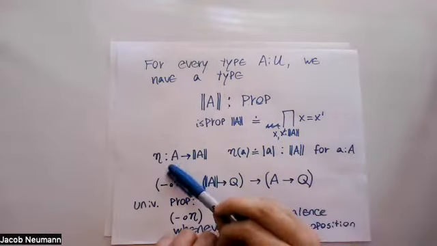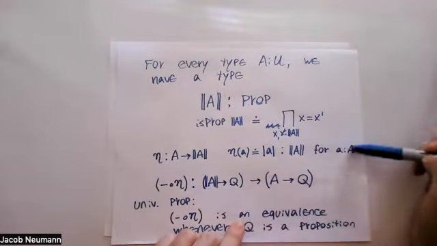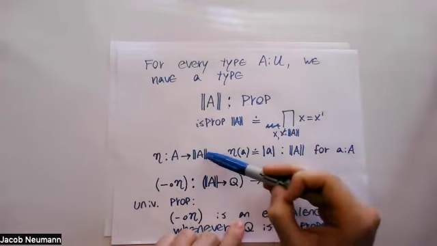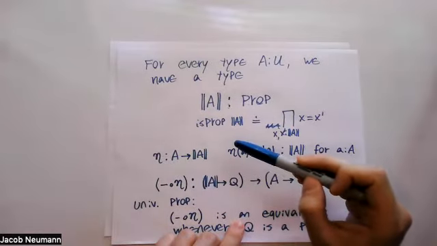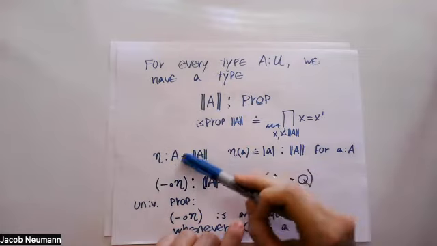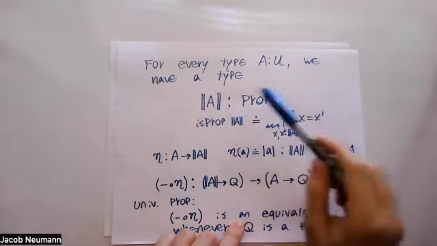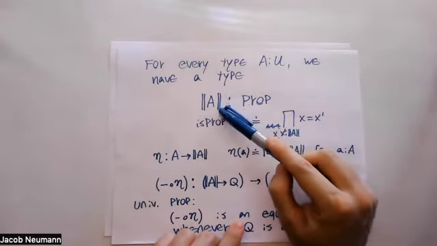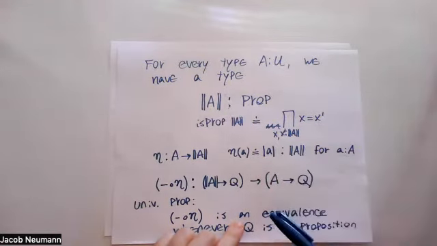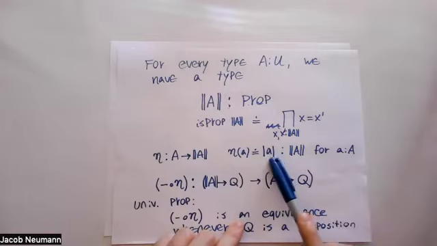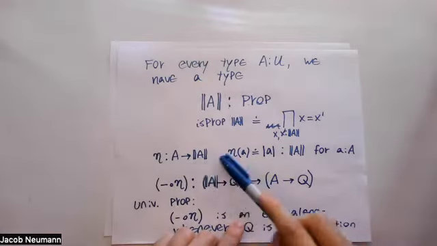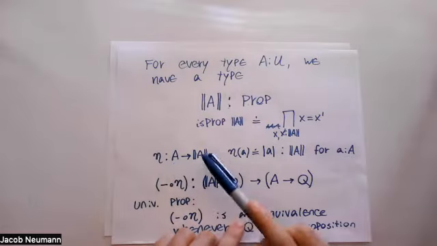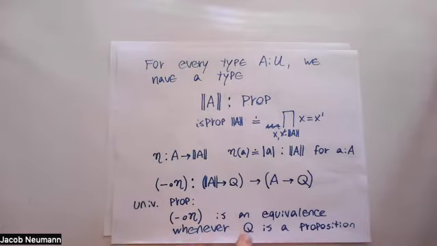So that takes something, some little a of the type we're truncating, and sticks it into the truncated version. So double bars is an operation on types. So A is a type, and double bars A is a type, whereas the single bars is this operation which takes things in our untruncated type and puts them into the truncated type.